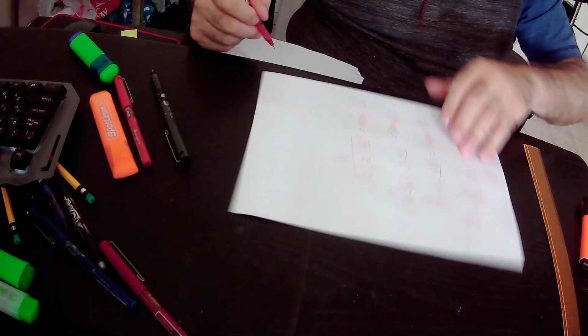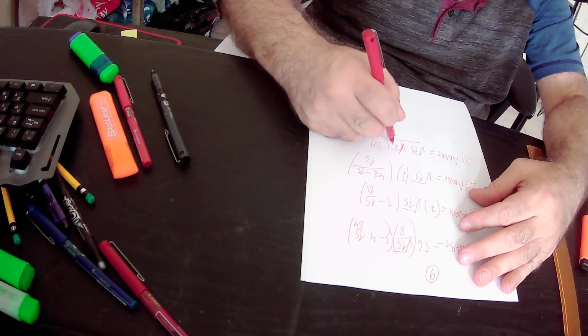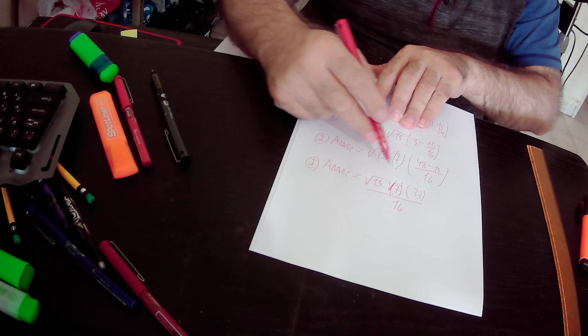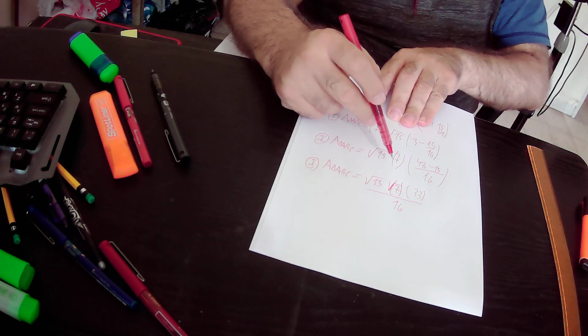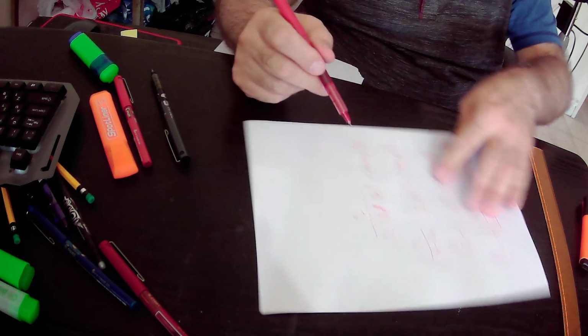Okay, root 15 times 7, the area of triangle ABC equals root 15 times 7 times 33 over 16. 7 times 33 is 231, so write it down.